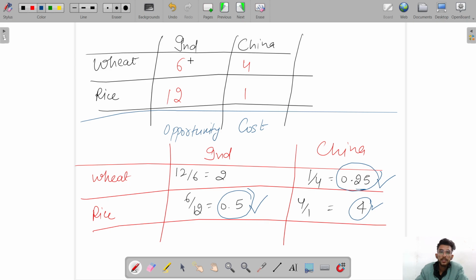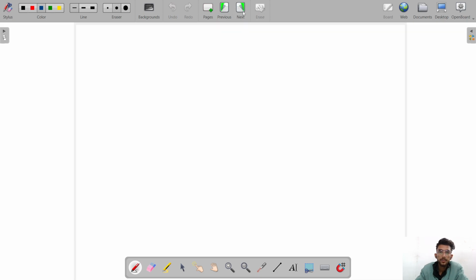So now let's see some criticism. First of all, the theory is based on the 2:2:1 model. In real life, there are not just two countries, two products and one factor. There are more than two products in more than two countries.